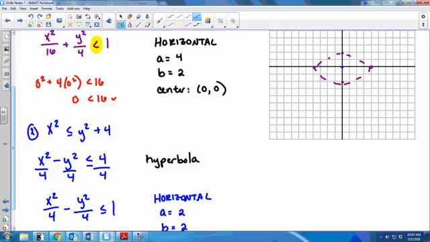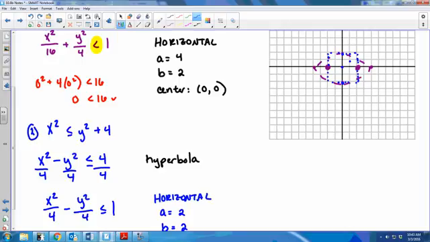So 0, 0, it's horizontal, so technically I would go out 2 and out 2 to find the vertices. So this is a vertex of the hyperbola, and that's a vertex of the hyperbola. And then up 2 and down 2. So that means that imaginary box is right there.